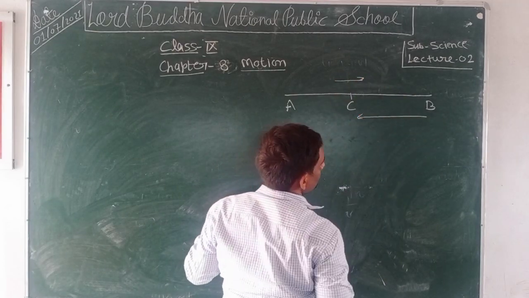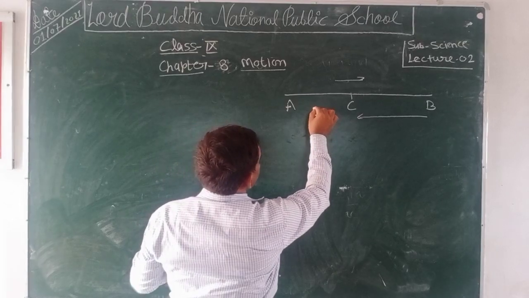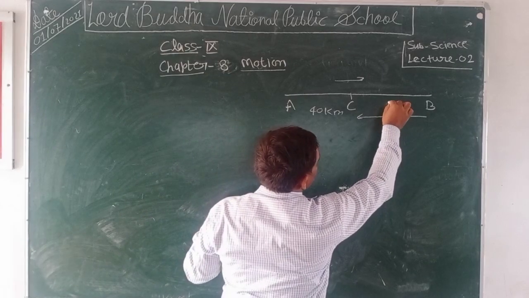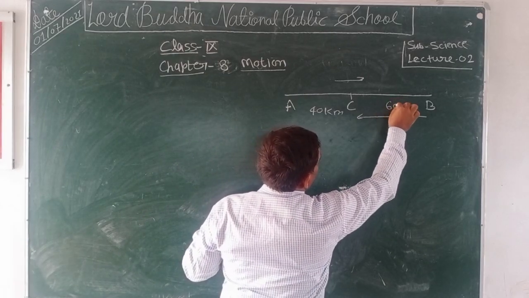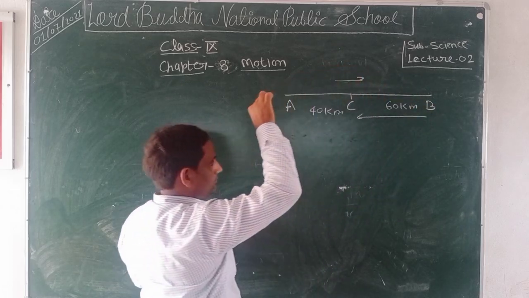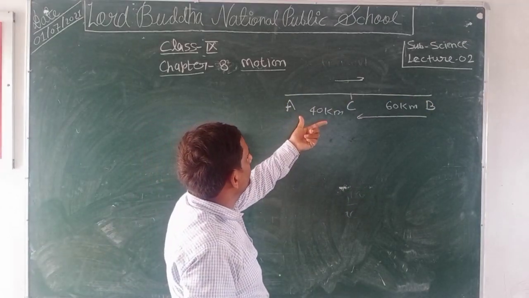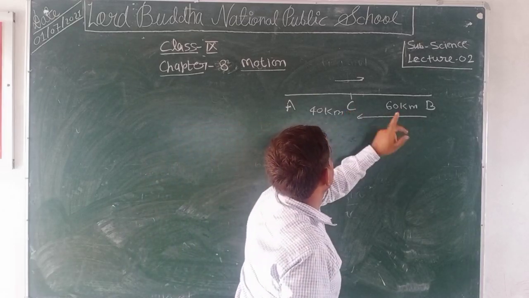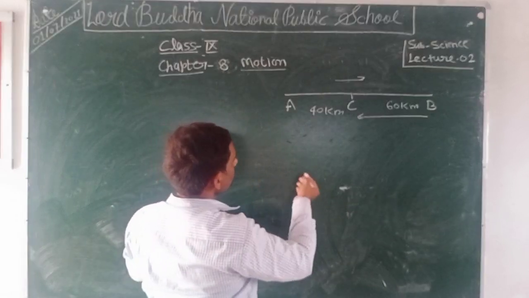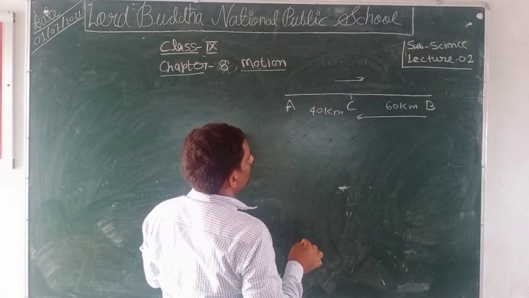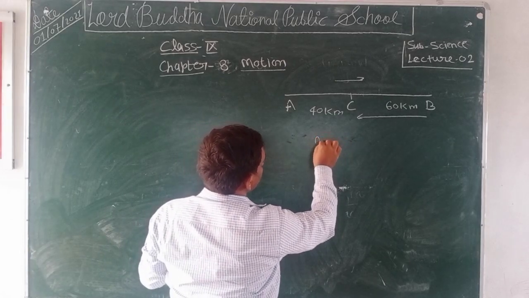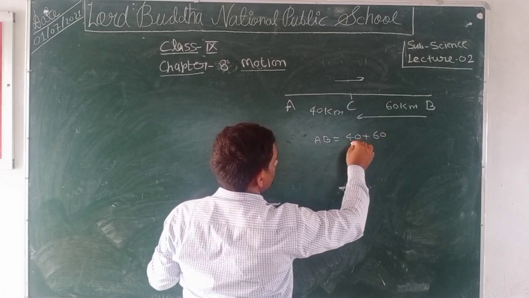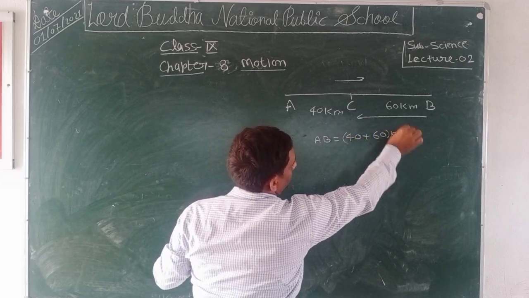Let AC be 40 km and BC be 60 km. Clear? The total length AB is 40 plus 60 km.